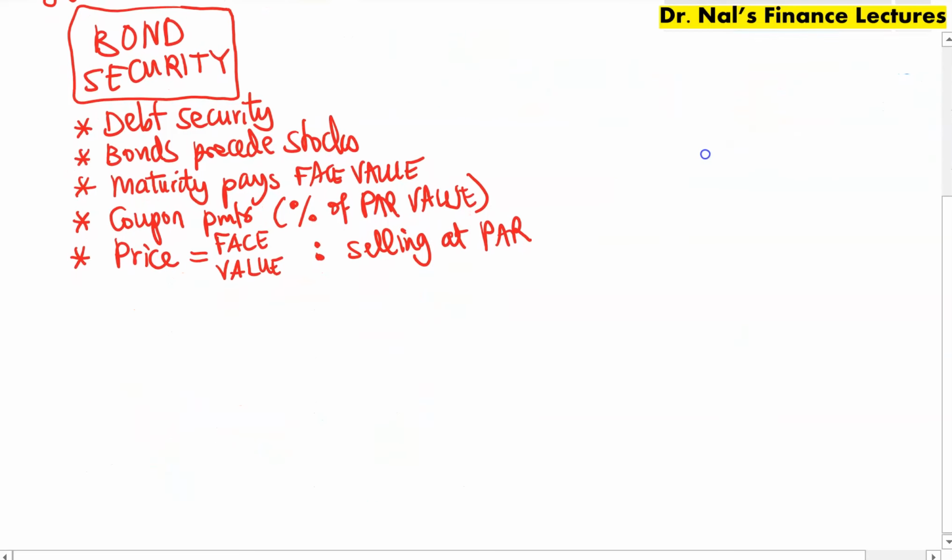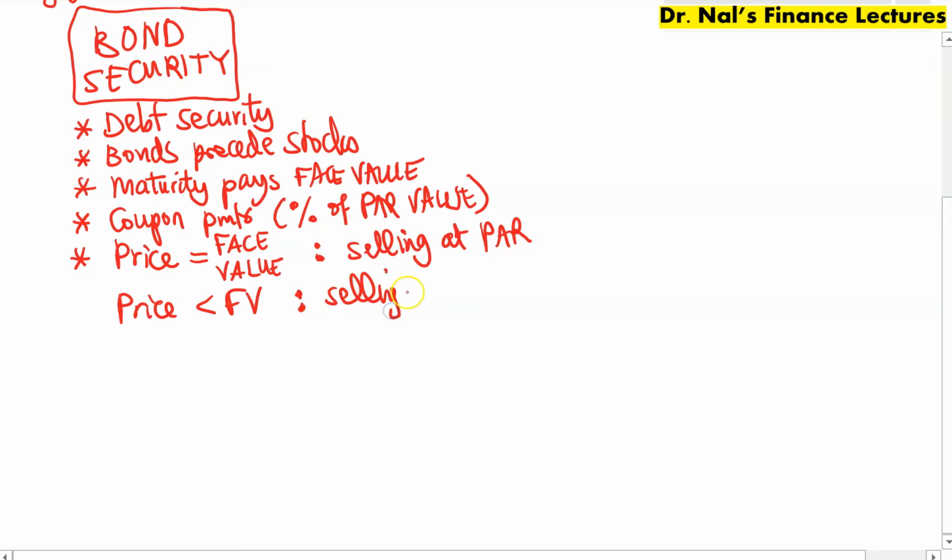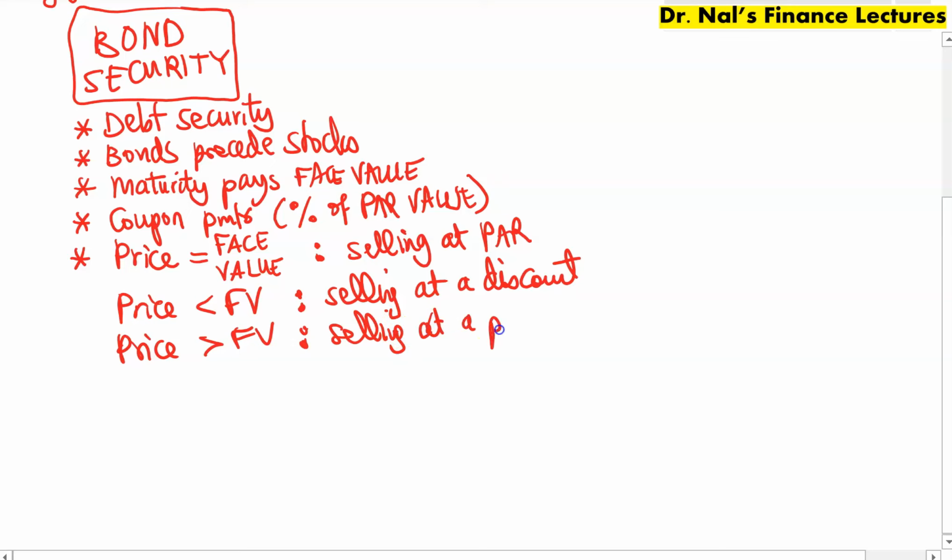Versus, if the price is less than the face value, then we would say that the bond is selling at a discount. And finally, if the price exceeds the face value, the bond is selling at a premium. In general, though, the market price will be very close to the face value.